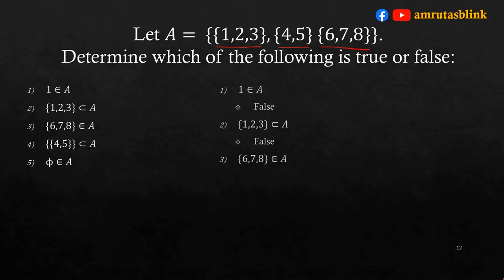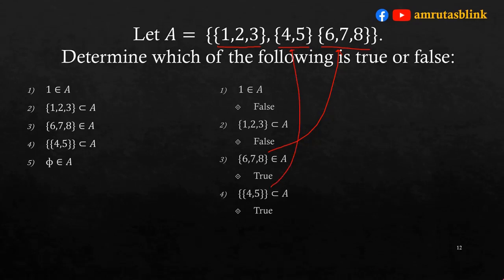Similarly, {6, 7, 8} belongs to A. Yes. Now this set is already there in set A, and hence that belongs to A. So this is a true statement. Now next is {4, 5}. Now here if you observe, {4, 5} is given as a bunch, and the question is whether it is a subset of A. Now if you observe in this question and the earlier question, there is a difference.